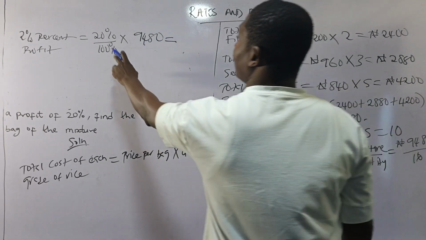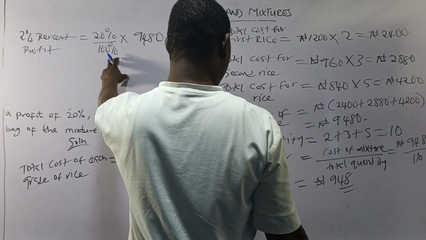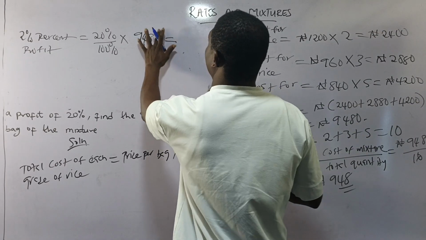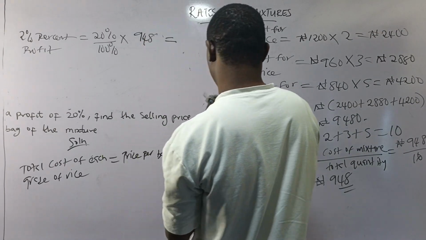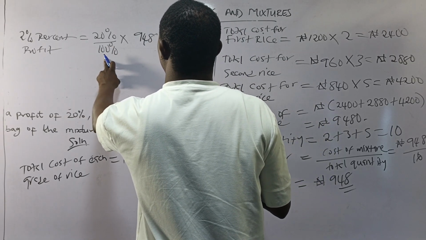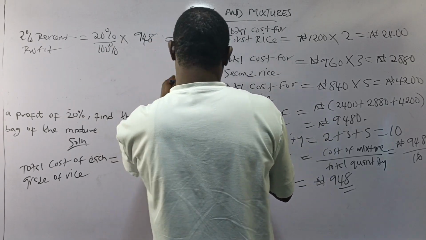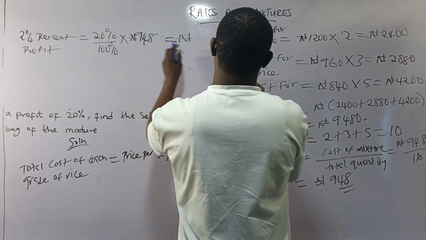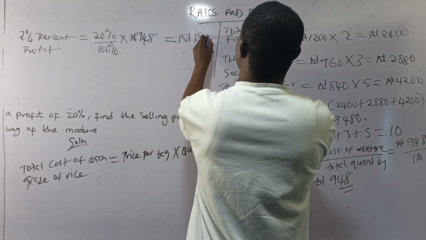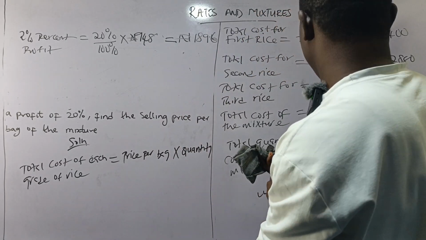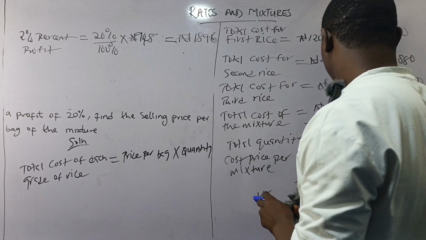So 20% of cost price per mixture, which is 948, will be equal to 20 divided by 100, which will give you 0.2. 0.2 times this will give me in naira 189.6. Now we've gotten the 20% of the cost per mixture.